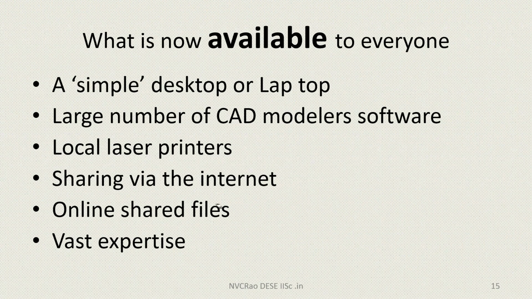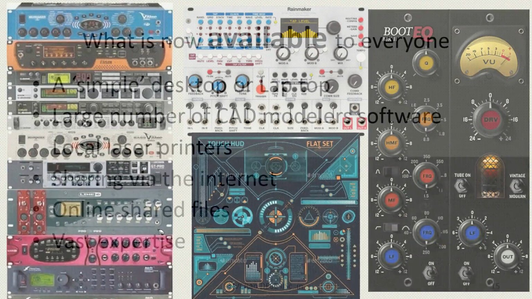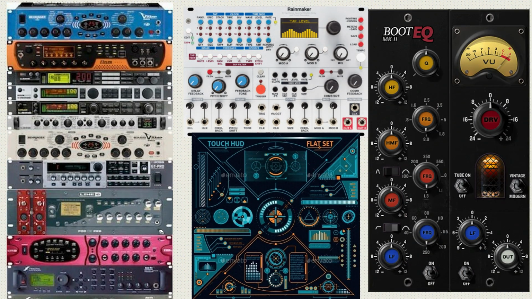This I will skip through a little. A simple desktop or laptop is enough. A lot of free modeling software is there, which I have shown you. Laser printers, meaning paper laser printers, are available. You can share, a huge amount of friends and expertise is available, and any amount of resources are there on the internet saying how you organize a front panel.